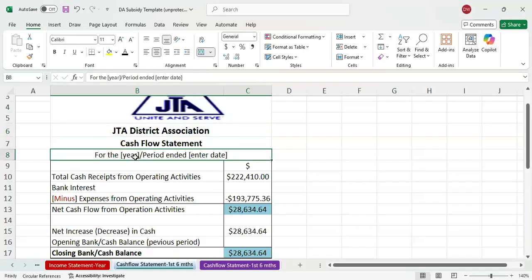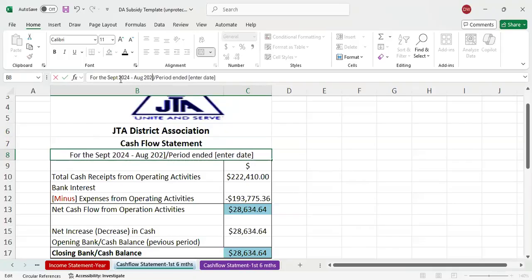And the period from the income and expense is going to be the same for the cash flow statement. All right. So it's going to be September 2024 to August 2025. The period ending the 31st of August 2025.